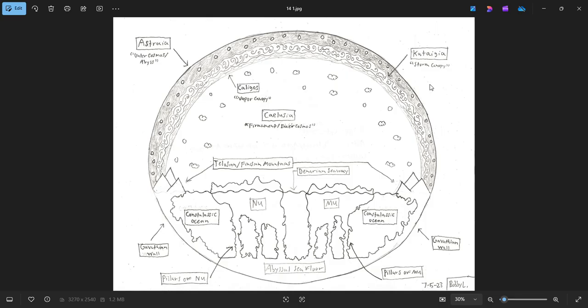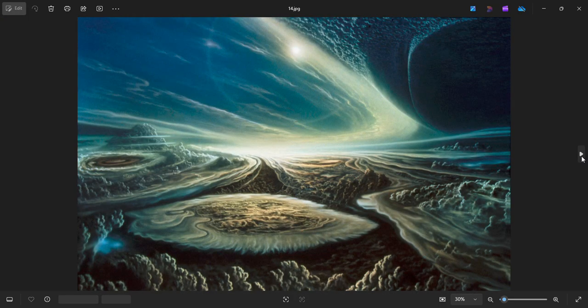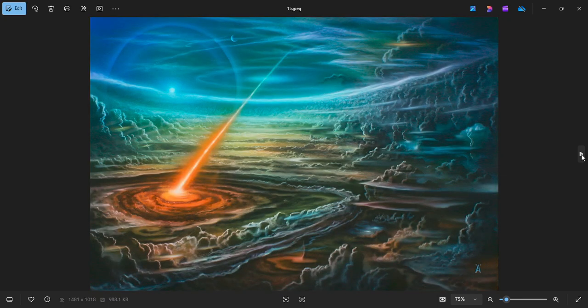The cyclones and whirlwinds and hurricanes within Catagia are nothing comparable to those on Earth. Its storm systems are more akin to those of Jupiter, the largest planet in our solar system, as seen in these artist renditions of Jupiter's various swirling winds and cyclones and storms.